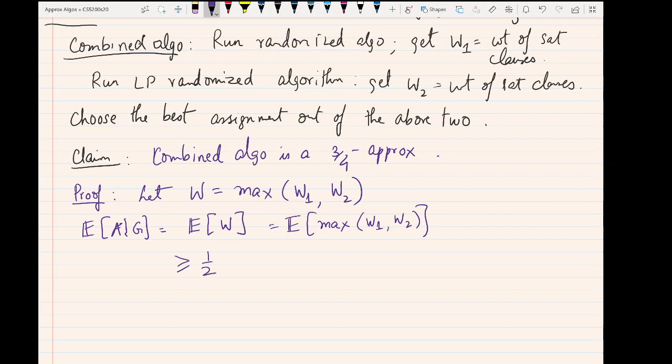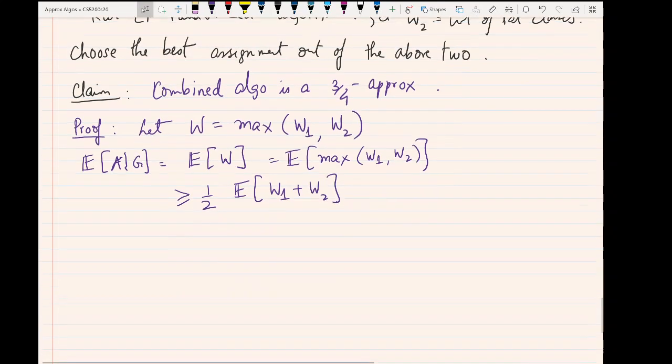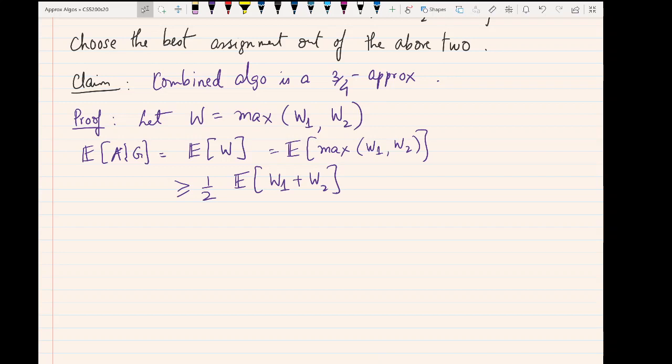Well, this is at least half times the expected value of W1 plus W2, right? Now, what I'm going to do is use linearity of expectation and substitute for the W1 and W2. And notice that both of these quantities we have already computed in the previous video. Okay? I'm going to write this as summation j equal to 1 to n.